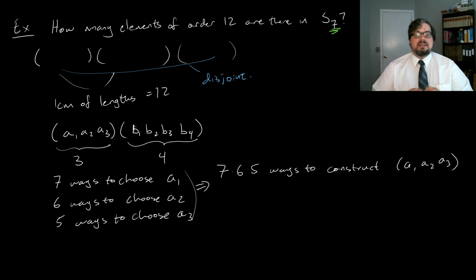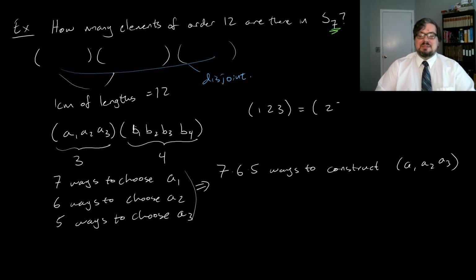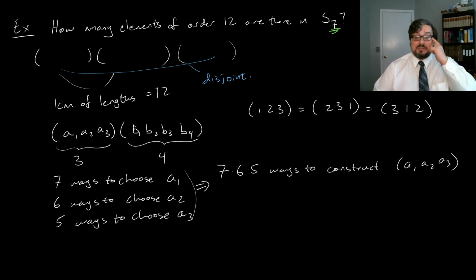And the reason is that a cycle has more than one way of being described. So for instance, the cycle 1, 2, 3 is the same as the cycle 2, 3, 1, which is the same as the cycle 3, 1, 2. Each of these describes the permutation that sends 1 to 2, 2 to 3, and 3 to 1. We've just written them in a slightly different order, but they are in fact exactly the same element.